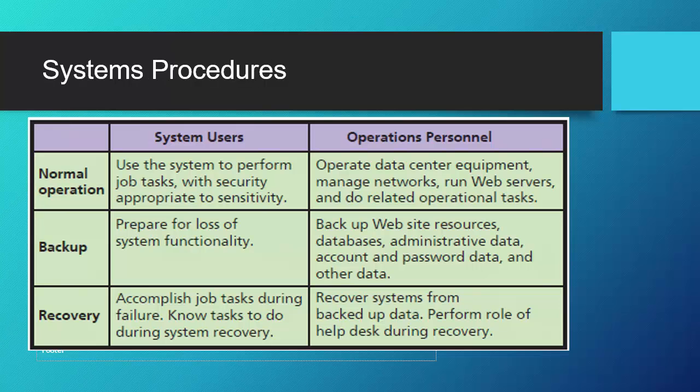You also want to make sure you have systems procedures in place, and so having those standardized procedures reduces the likelihood that there's going to be computer crime or some kind of malicious activity done by people inside your organization. Right? And also make sure that your system security policies are enforced.